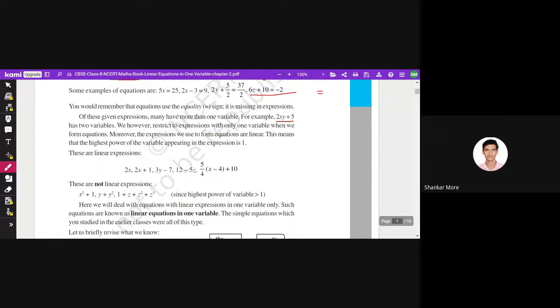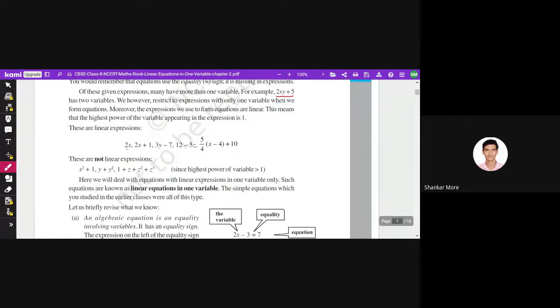Now if you see, these are examples of linear expressions. 2x is a linear expression. Why? Because x's power is 1. x की power क्या है यहाँ पे? 1 है. x raised to 1, right? 2x plus 1, again x की power 1 ही है. 3y minus 7. अभी यहाँ पे एक ही variable है, that is y, and its power is 1.